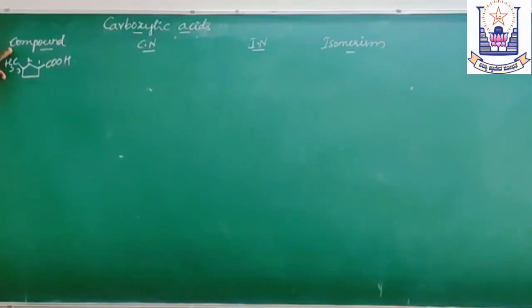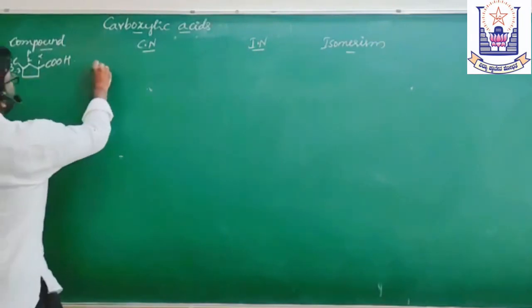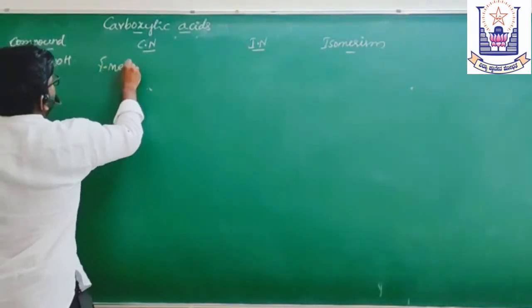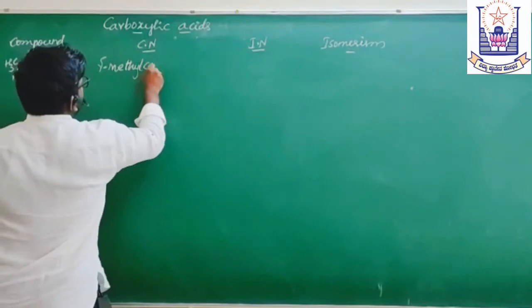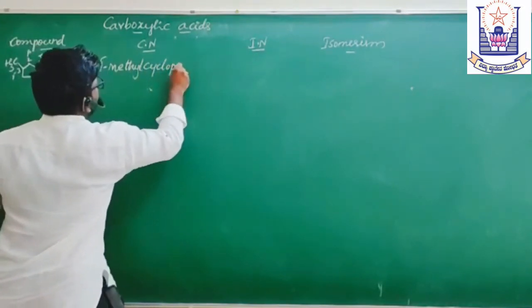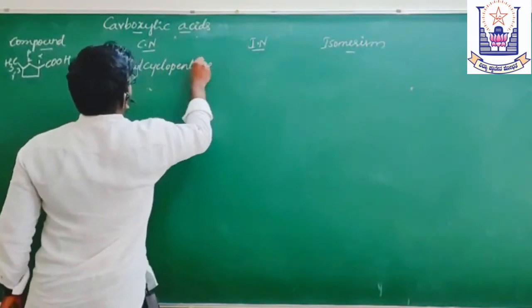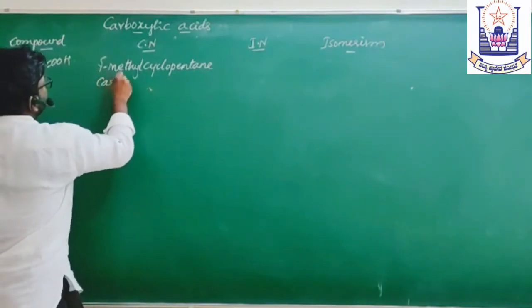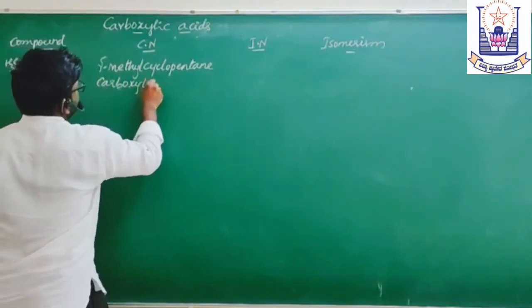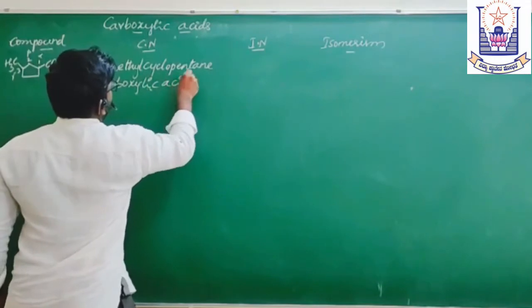Okay, come to the common system. With respect to this carbon, this is alpha, beta, gamma. So gamma methyl cyclopentane carboxylic acid. Okay.